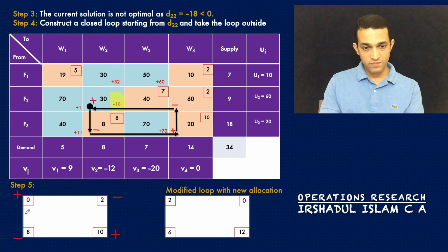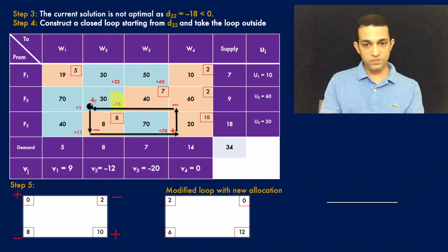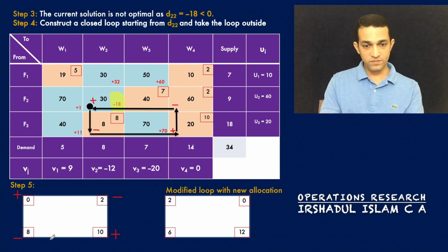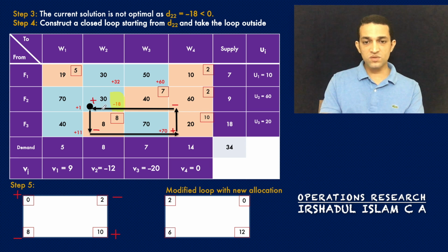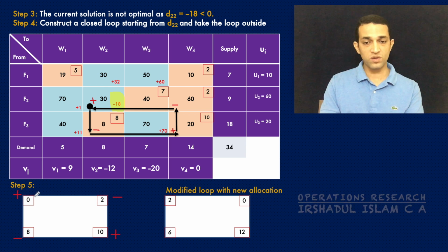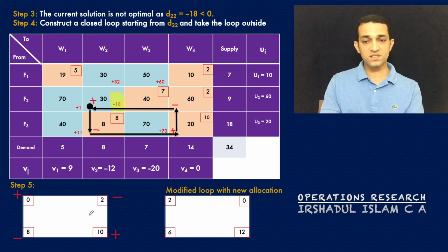That loop I have reproduced here with 4 corners, one positive, one negative, and each cell with its occupation. Initially there is no allocation here, so the value is 0. Here the allocation is 8. Here the allocation is 10. Here the allocation is 2.